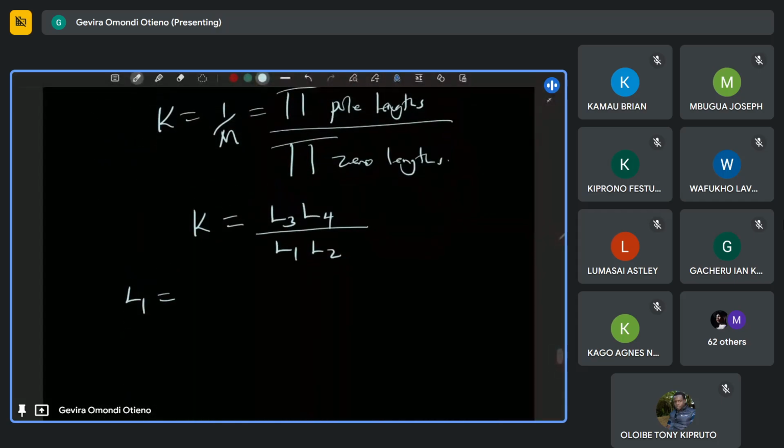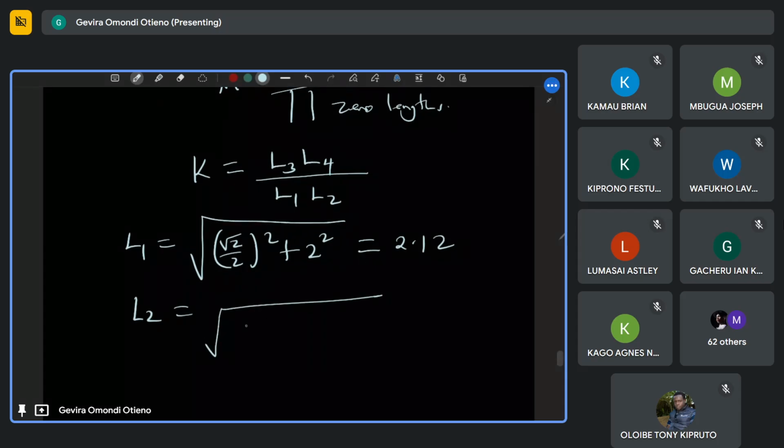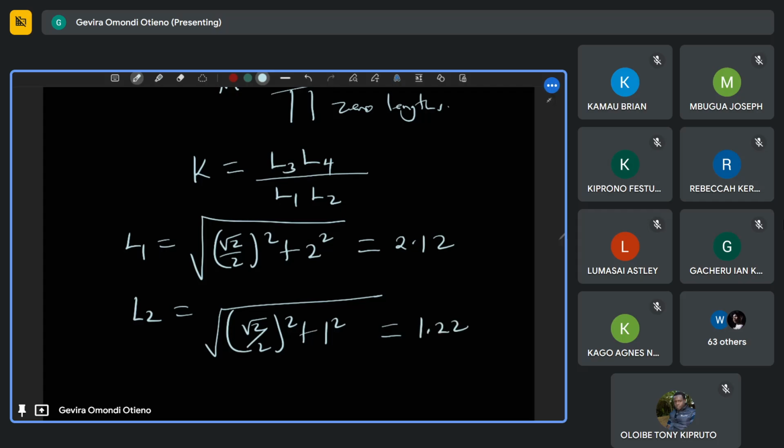So it's going to be the magnitude of root 2 over 2 squared plus 2 squared. I think this should give you 2.12. L2 is the same thing, root 2 over 2 squared, but you have only 1 unit on the adjacent, so you have 1.22.